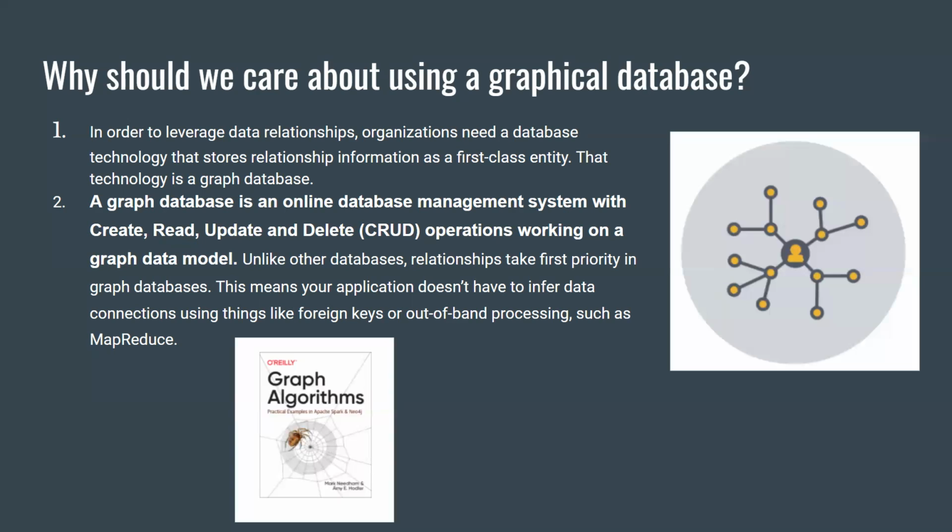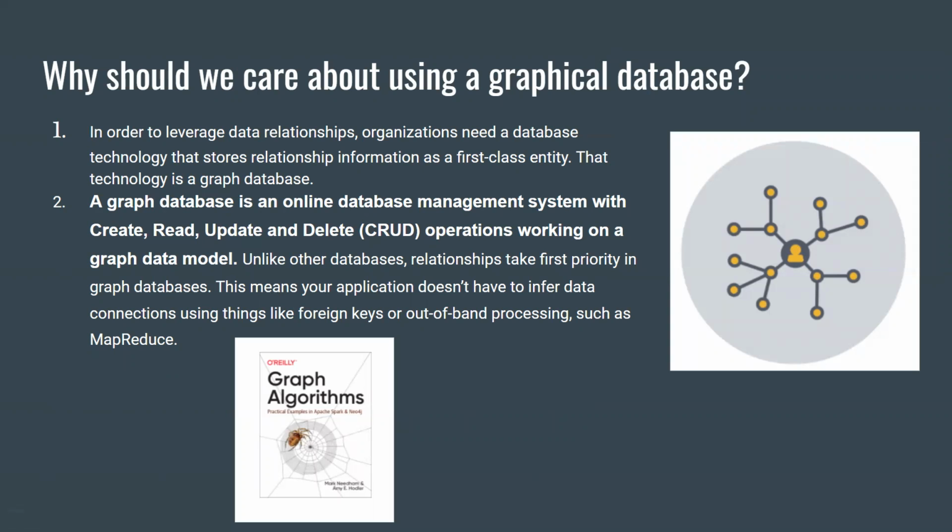Also, a graph database is an online database management system with create, read, update, and delete operations working on a graph data model. Unlike other databases, relationships take first priority in graph databases. This means that your application doesn't have to infer data connections using things like foreign keys or out-of-band processing, such as MapReduce.